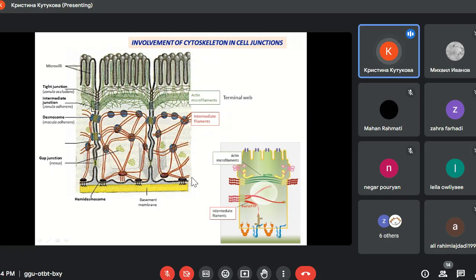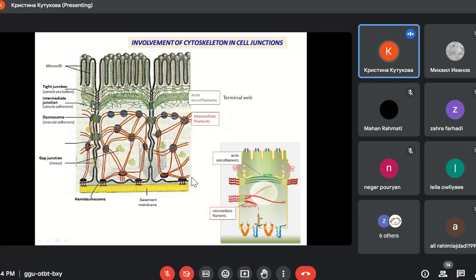They go from one desmosome to another one, etc. The cell membrane of each cell is covered with these spot desmosomes, so they are attached to intermediate filaments, and intermediate filaments so go from one cell membrane of the cell to another one.